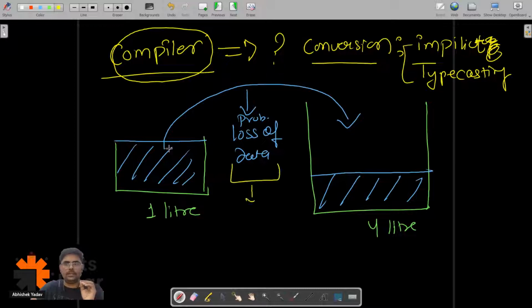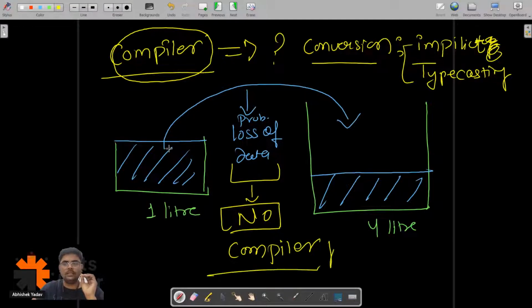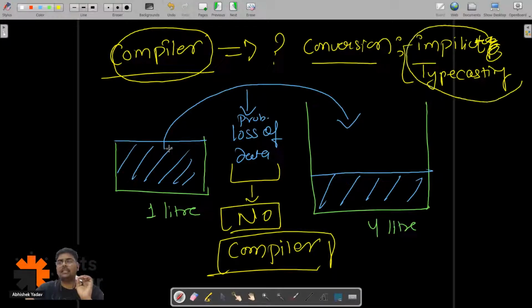Simple. When there is no probability of loss of data, then my compiler will say, I will do this kind of conversion. That's why we say this kind of conversion is called implicit type conversion, and this is done by the compiler.